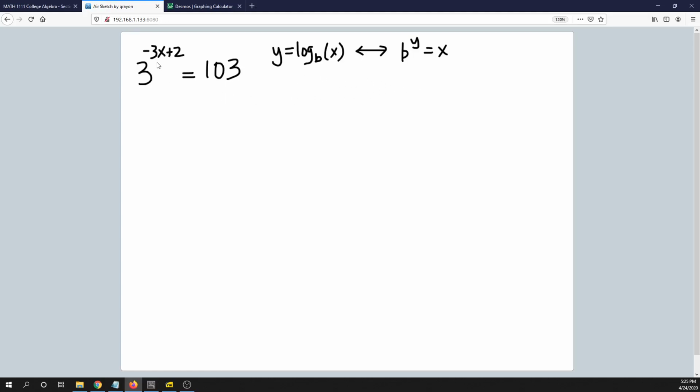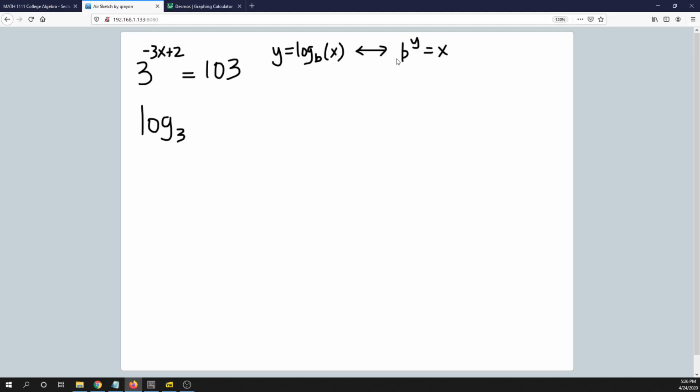Here's what we're going to do. This equation is in exponential form. The base of the exponential function, b, is going to be the base of the log. So when we convert this equation, we get log base 3 of x.